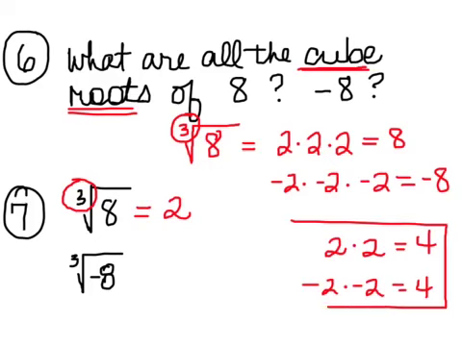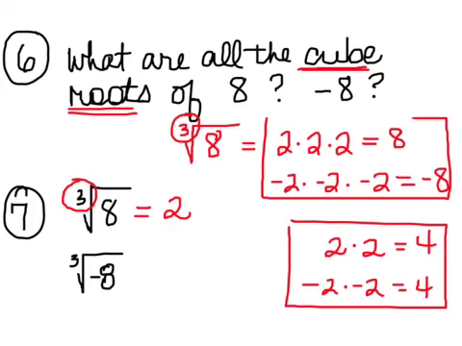And so that's just an example of why the even and odd thing is different, because you're going to get a positive when you do positive numbers times each other, and there's an odd number of them. And when you do negatives, there's going to be a negative answer only when you do the negative ones times each other an odd number of times.